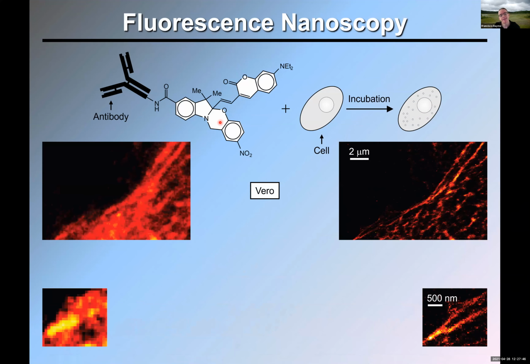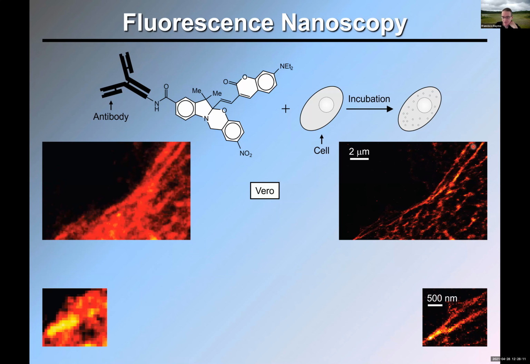So for example, we can attach this molecule to an antibody and then image the tubulin structure of a given cell. And this would be a conventional diffraction limited image. It's kind of difficult to see the nanostructures of the tubulin filaments, but by switching the molecules, you can clearly see these nanoscale filaments, okay?